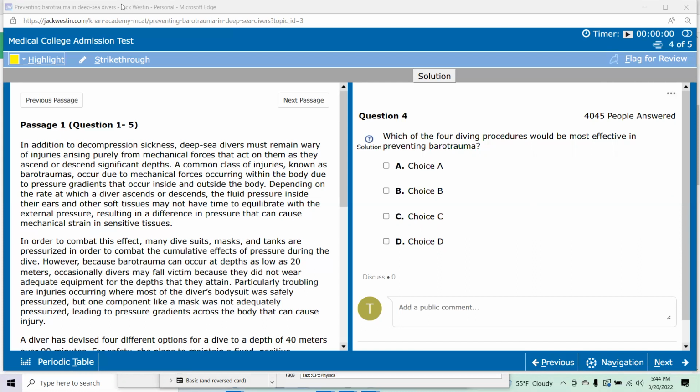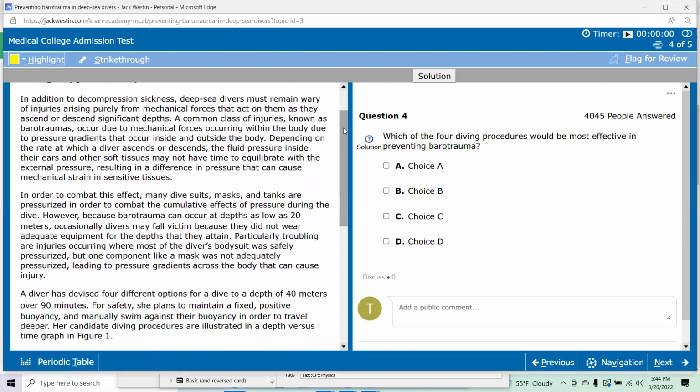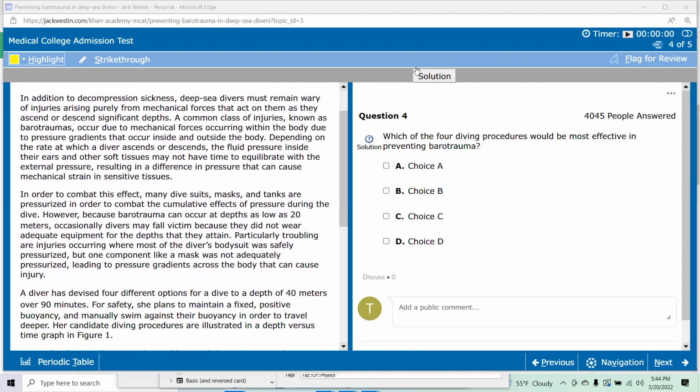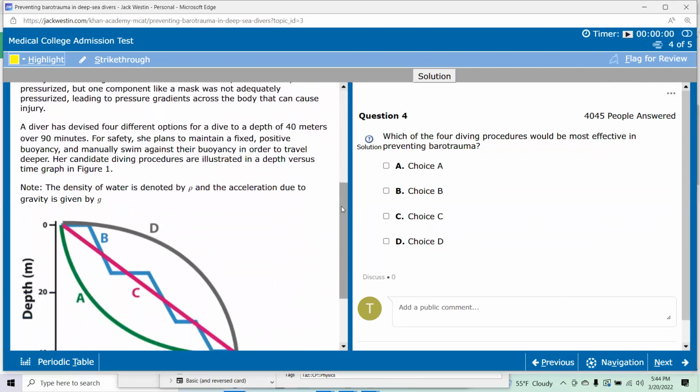And in this case, we only need to focus on the diving procedures, right? So let's try to understand what this is all about. First of all, I want to hone in on what they're talking about with diving procedures.